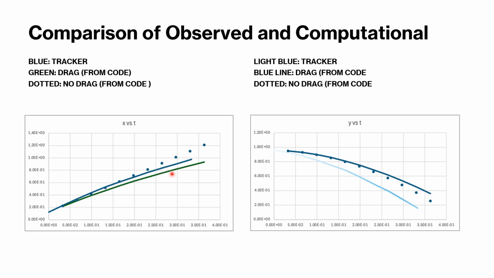So even with the drag in the code, it still deviates. And for our Y versus time, we can also see that the tracker data, which is the light blue, deviates from the drag, which is from the code, and our dotted, which is from the code.